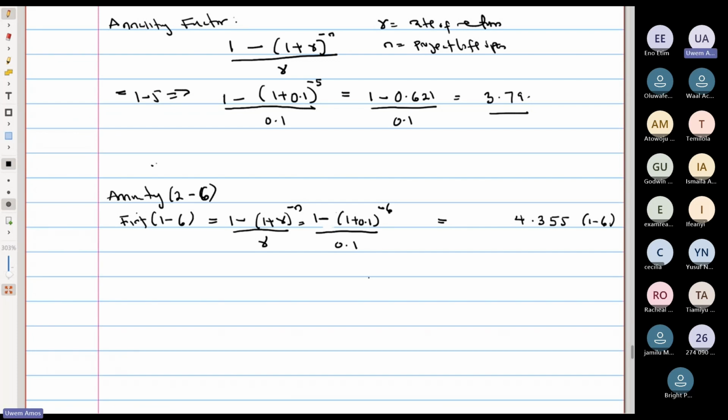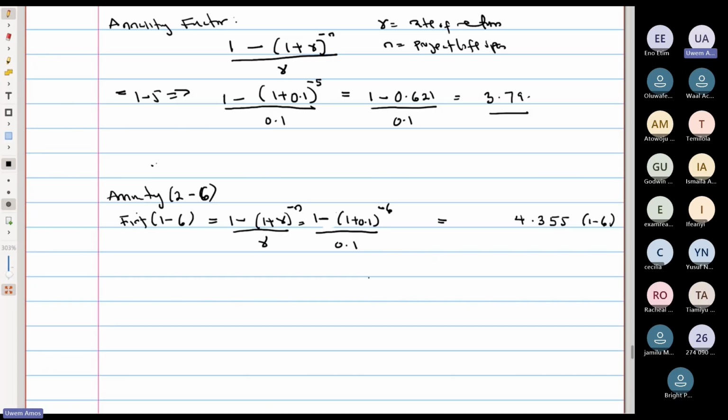We've computed for year 1 to 6, because whenever you use n, it refers to the beginning to that n. If you use n as 4, it refers to 1 to 4. If you use n as 5, it refers to 1 to 5, which is what we wanted. If you use n as 8, it refers to 1 to 8. If I use n as 6, I refer to 1 to 6. So now I've computed 1 to 6, but I'm interested in 2 to 6.